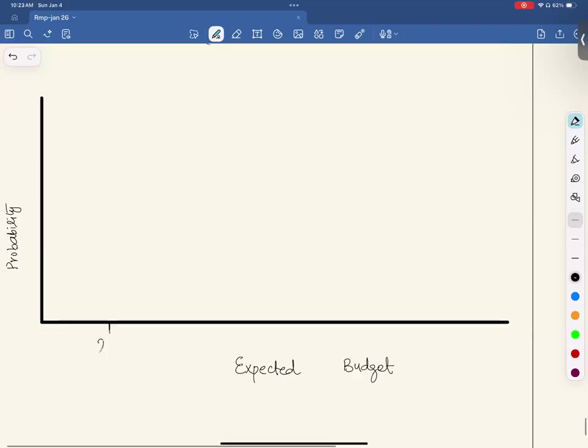So let's say expected budget could be 200K, 210K, 220K, 230K, 250K, 260K. And let's say you estimated that your budget would be, let's say, this one.